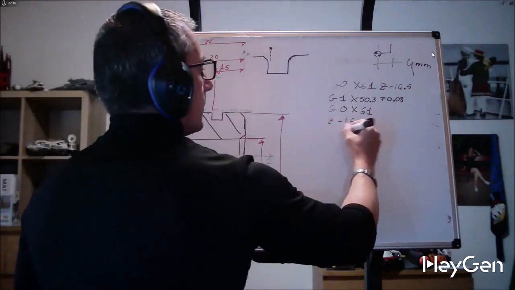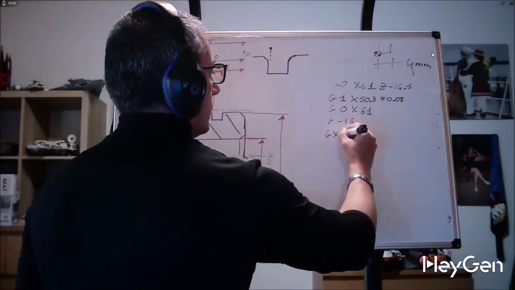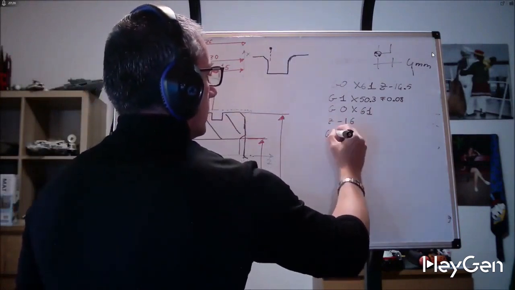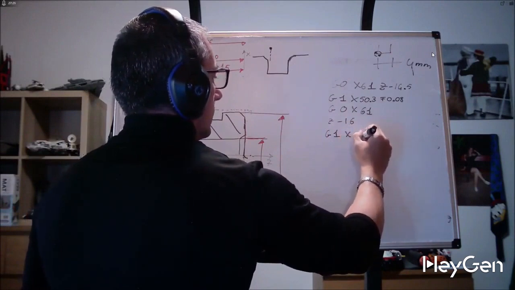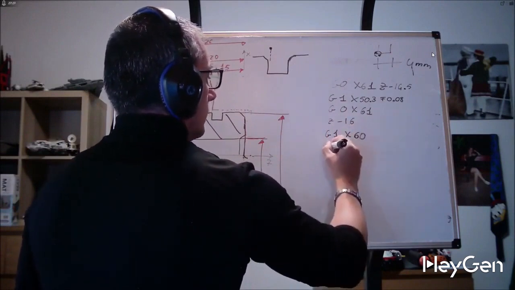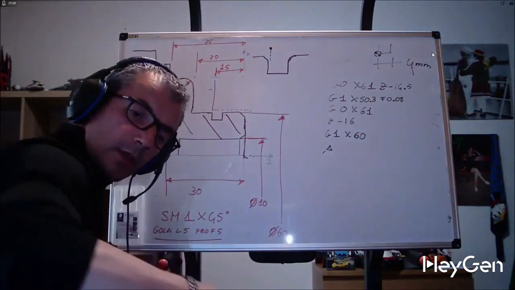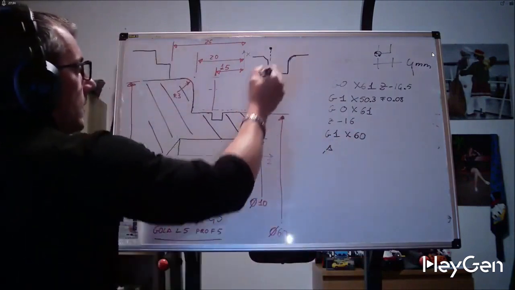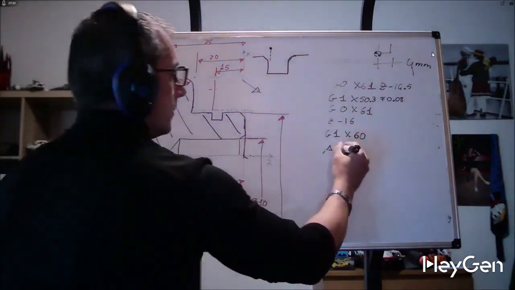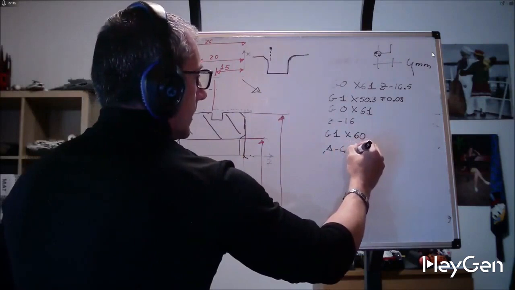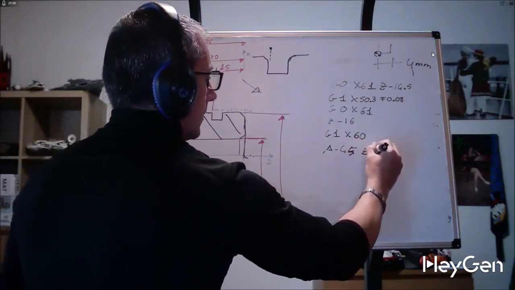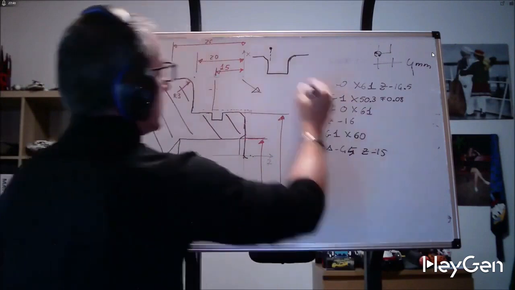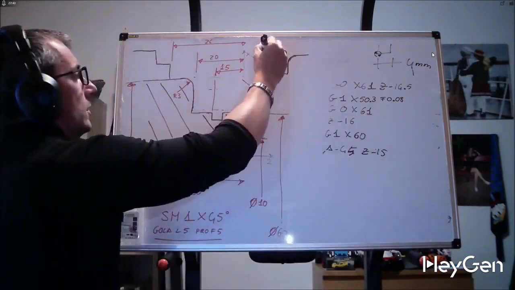We make exactly the profile. Then G1, X60, comma A in this direction. So in this direction, minus 45. This is minus 15. And here I am at minus 16.